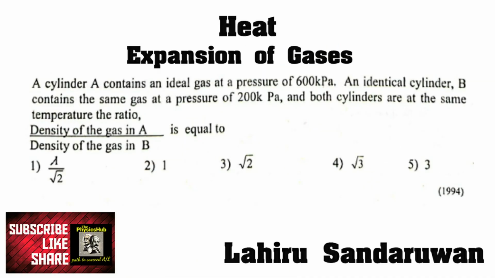The cylinder A contains an ideal gas at pressure 600 kilopascal. An ideal cylinder B contains the same gas at pressure 200 kilopascal. And both cylinders are at the same temperature. The ratio of density of gas in A to density of gas in B is equal to?